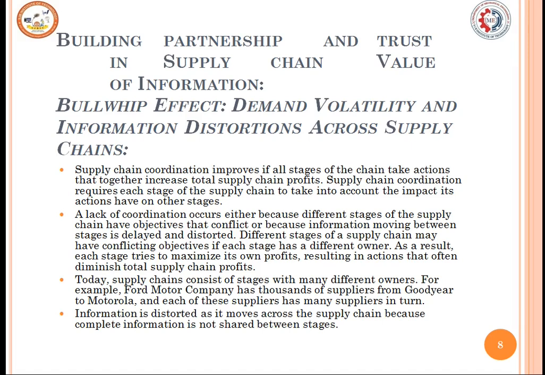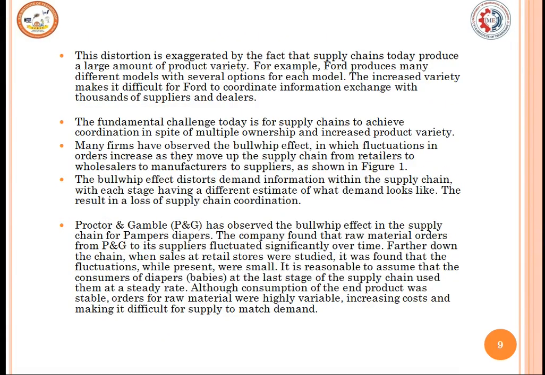Some of the companies are Ford Motors. They have thousands of suppliers, from Goodyear to Motorola. Information is distorted as it moves across the supply chain because complete information is not shared at each stage. So today the fundamental challenge is to achieve coordination in spite of multiple owners and increasing product variety.